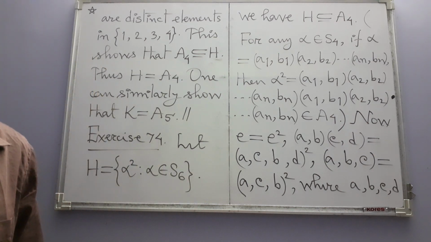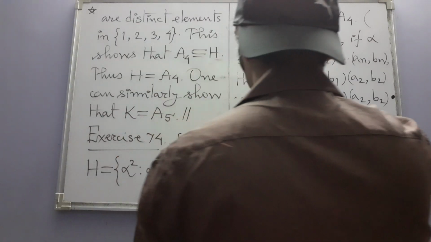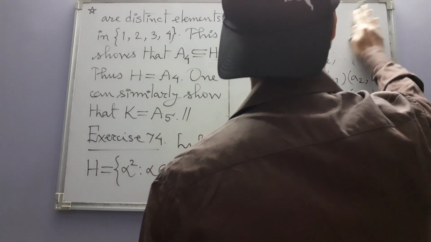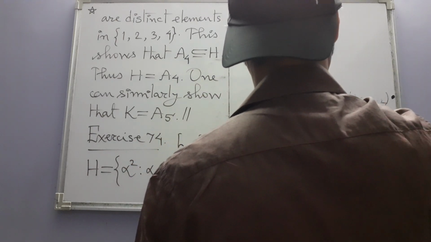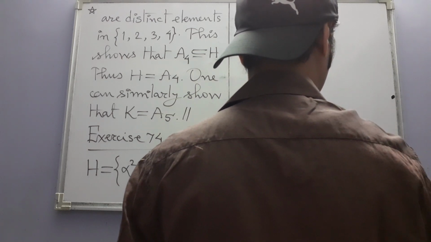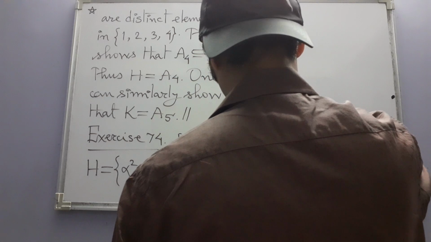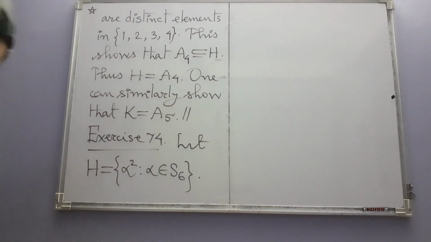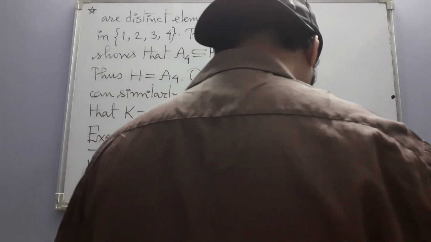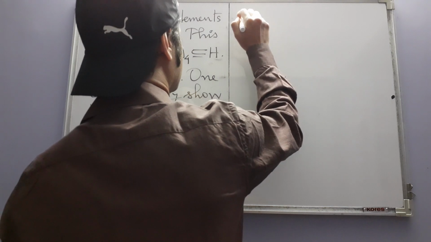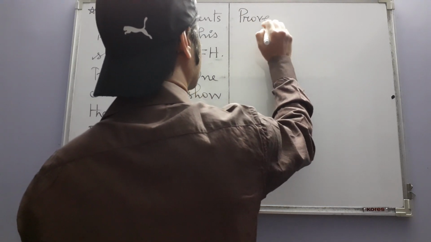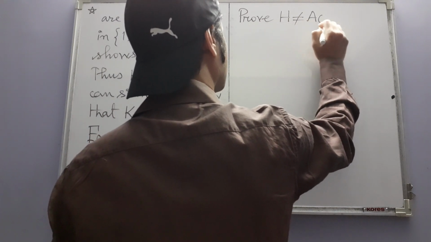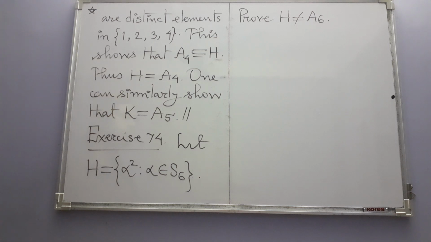But in this case, H is not equal to A6. Prove H is not equal to A6.